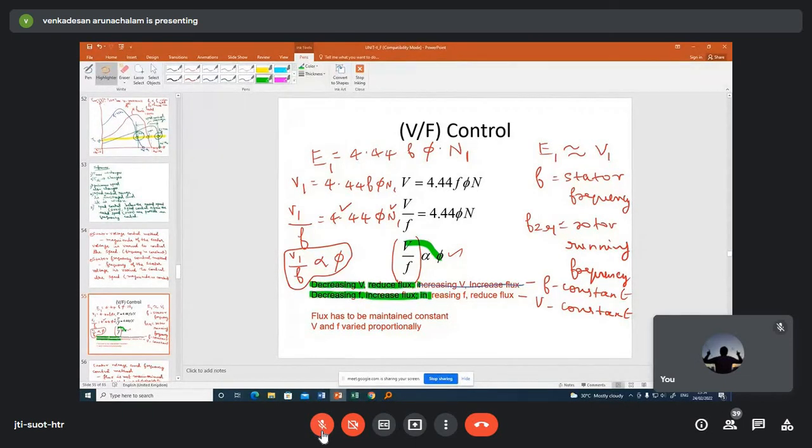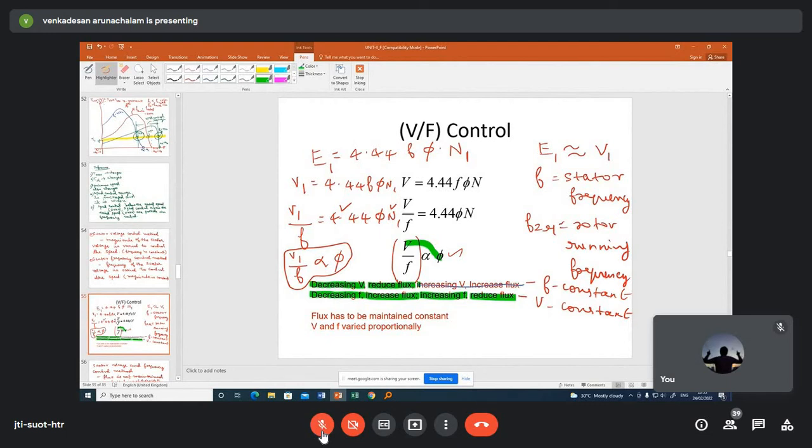When you increase the frequency, flux will decrease. So what we can understand from this is that either when you vary the voltage magnitude or when you vary the frequency, the flux is changing.